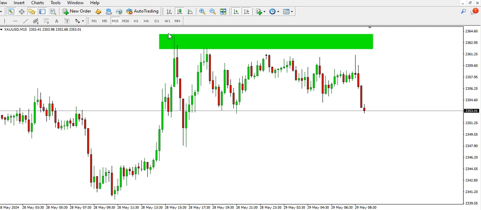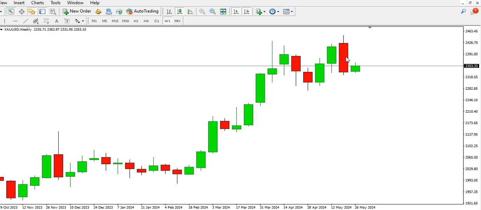Not just the 4-hour time frame, also the weekly time frame. Remember the weekly time frame has given us a bearish engulfing pattern, so most likely bearish.